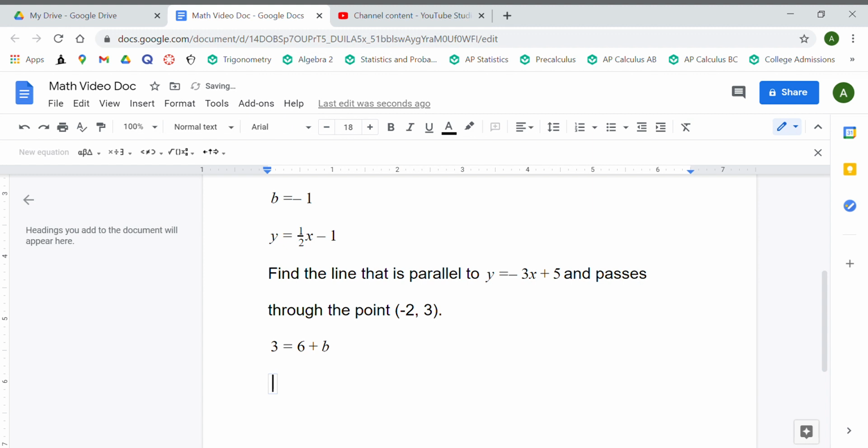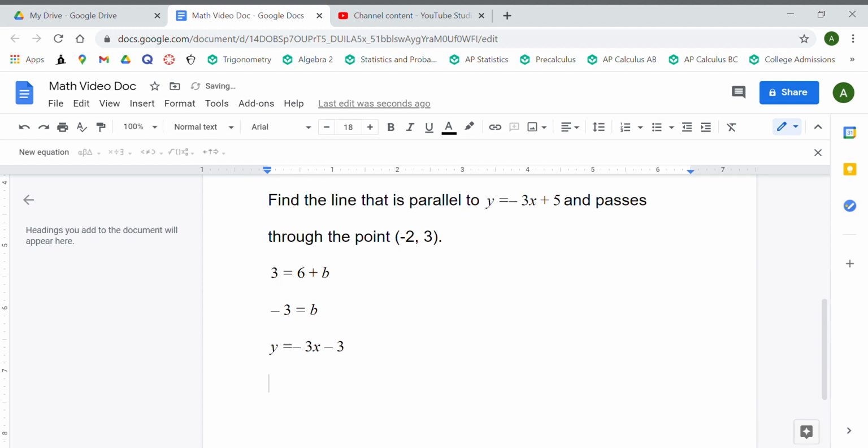Subtract 6, we get negative 3 equals b. Then we end up with the equation y equals negative 3x minus 3. And that's the line. Got it? Hopefully, because we're moving on.